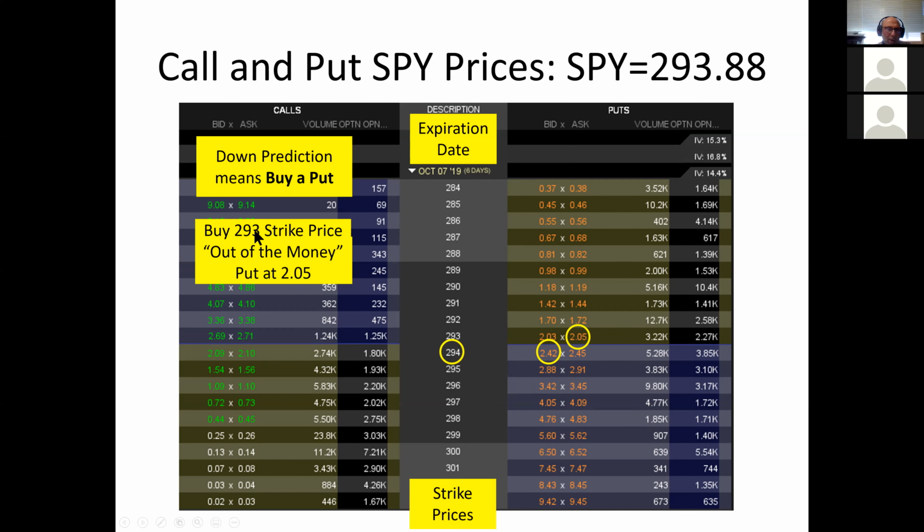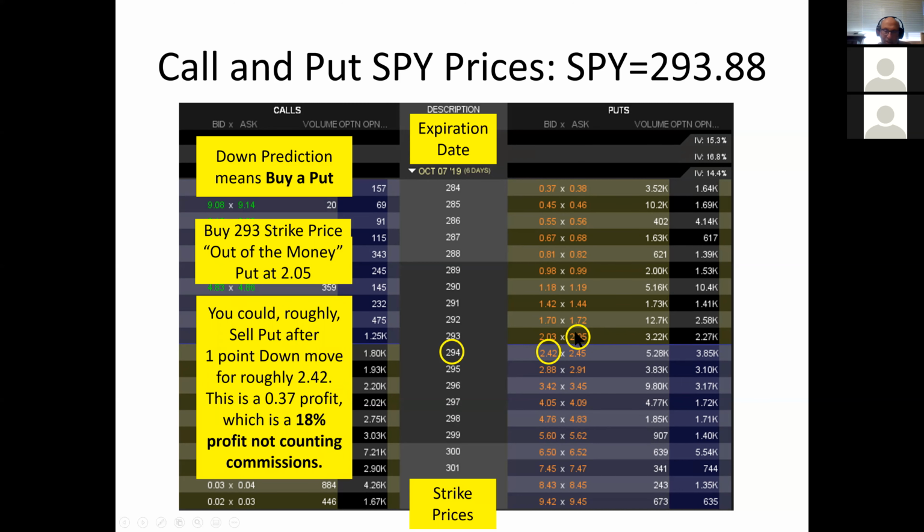So if we are buying a put, we want to buy it out of the money. That means we want to buy it a little bit lower than the current price, 2.05.